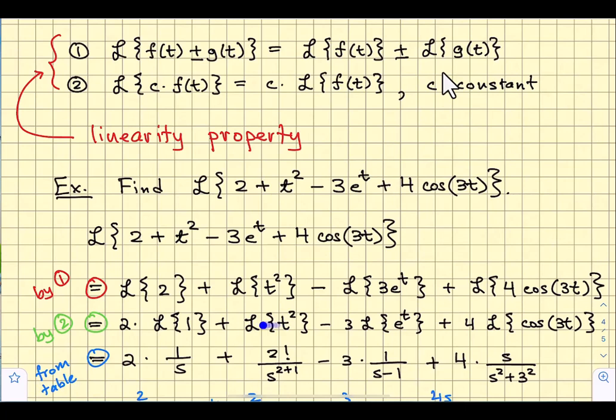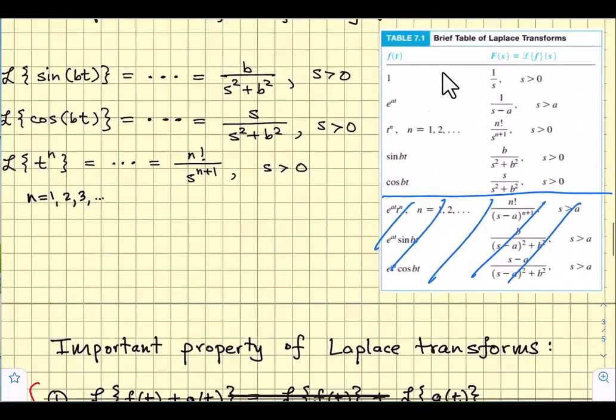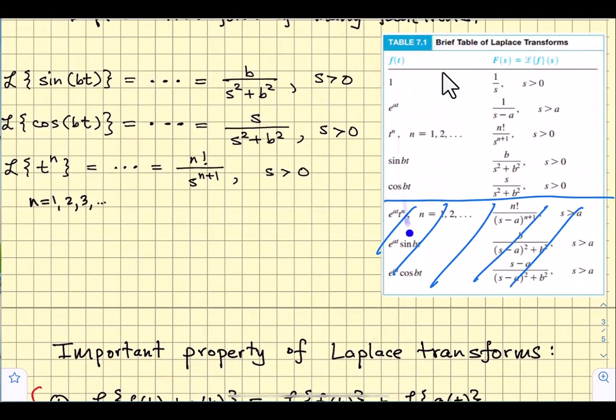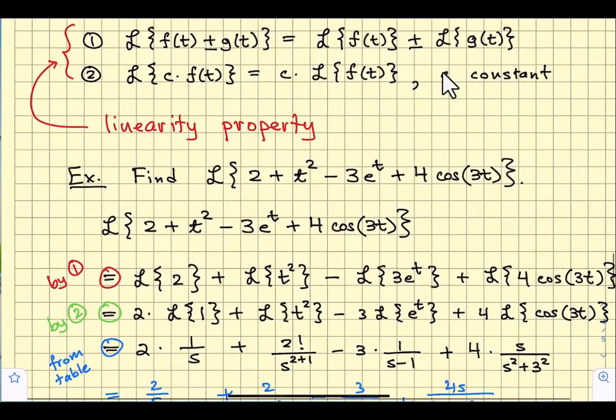Every one of these pieces, these basic functions that are left after we've readied things using the linearity property, we can now return to our table, which we don't have memorized or anything. We're just going to reference back to our table. And we know how to take the Laplace transform of 1. The Laplace transform of 1 is just 1 over s.